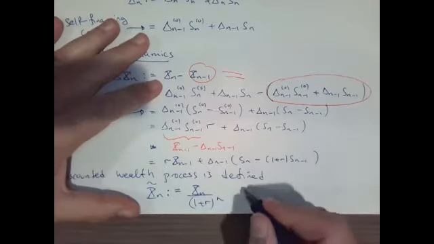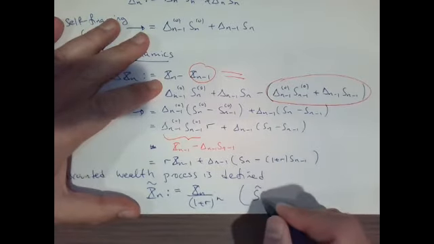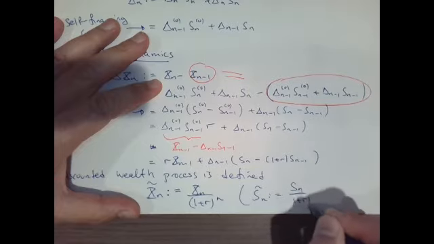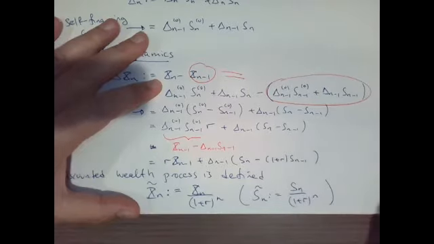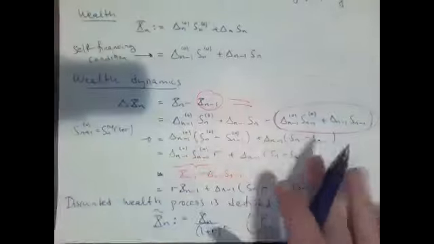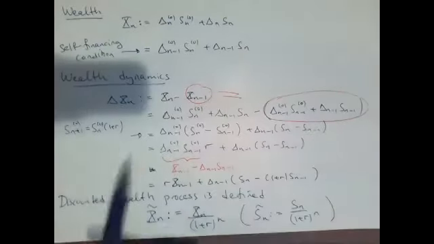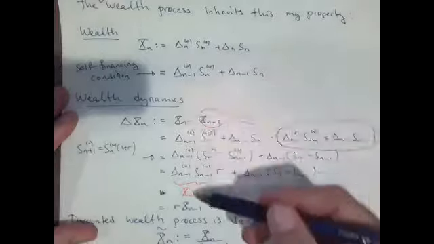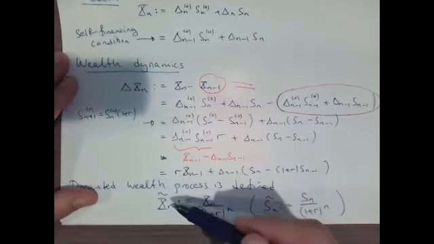So this is very much the same as when you did S_n discounted. This was S_n divided by 1 plus R to the n, right? These here are definitions. And now what I want to figure out is, we figured out what the wealth dynamics were. So now what are the discounted wealth dynamics? So we do the same calculation as the one we had here, but we do it for this x tilde.